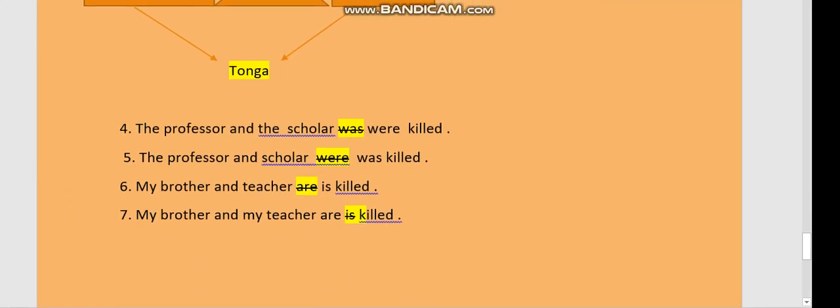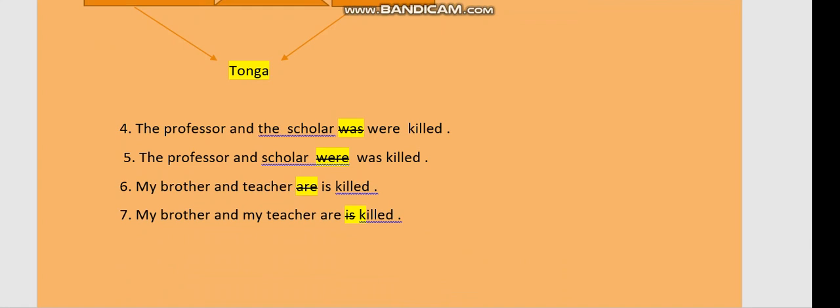Next there are other examples where there are two different subjects and and comes between them, and that will make our subject plural. For example, the professor and the scholar, that are two different persons. The professor is one and the scholar is another one. So these two make our subject plural.